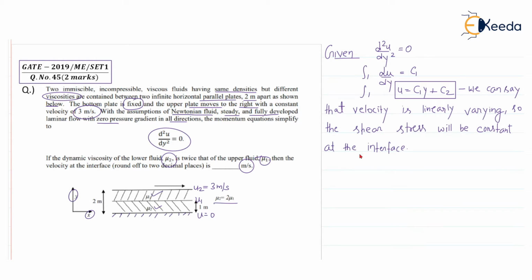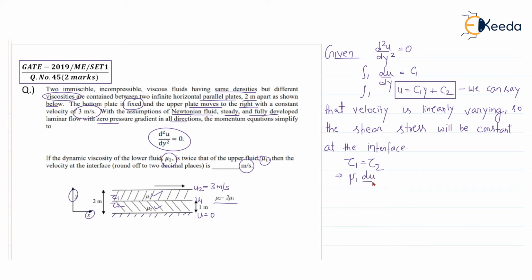So we can write, let us say the shear stress from the top plate is tau1 and from the bottom plate is tau2. So we can write tau1 equal to tau2. Tau is equal to mu into du by dy.